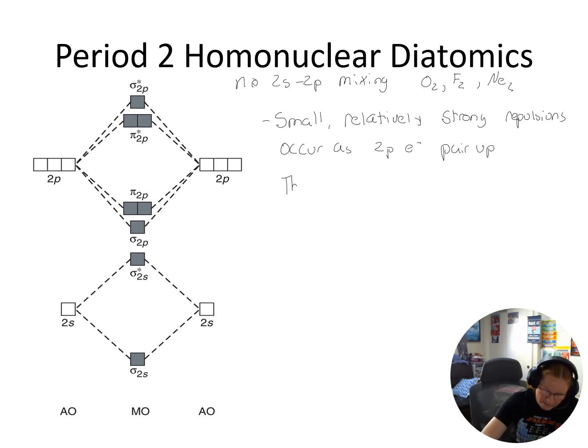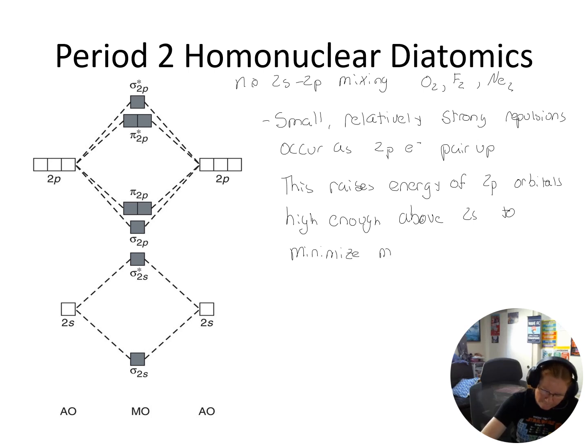This raises the energy of the 2p orbitals high enough above 2s to minimize mixing.